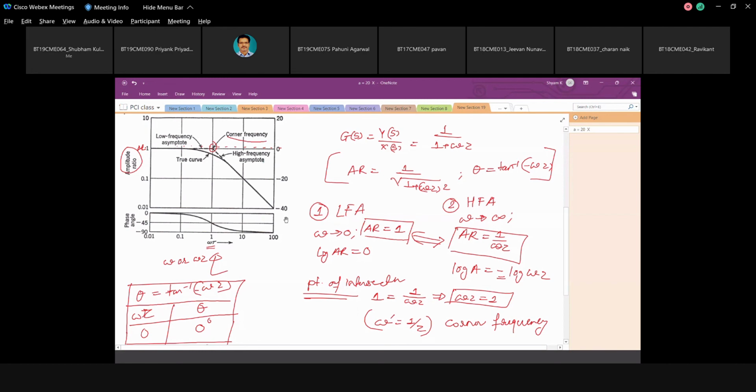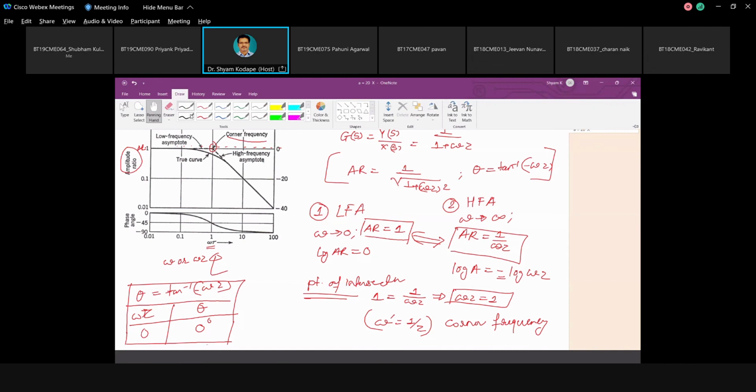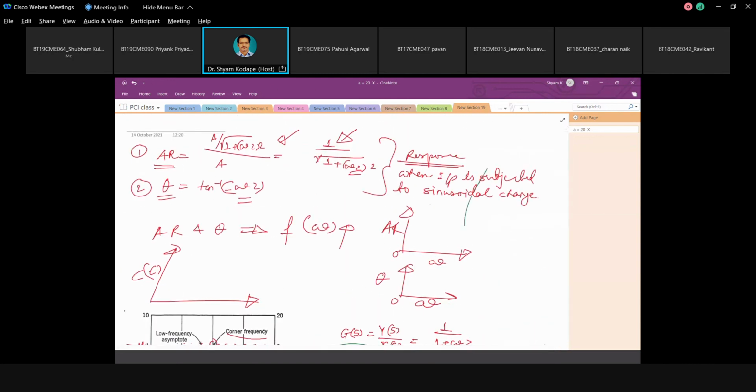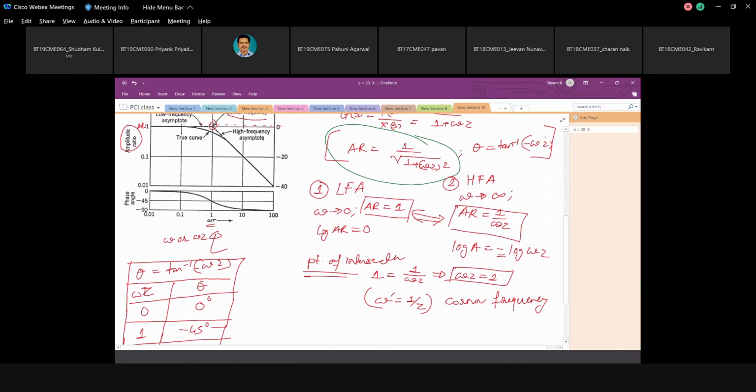You just have to plot the graph like this. Very simple thing. In the Bode plot, you just identify the amplitude ratio, identify the theta, identify the equation of the asymptote for low frequency, identify the equation of the asymptote for high frequency, identify the point of intersection, and draw the graph.